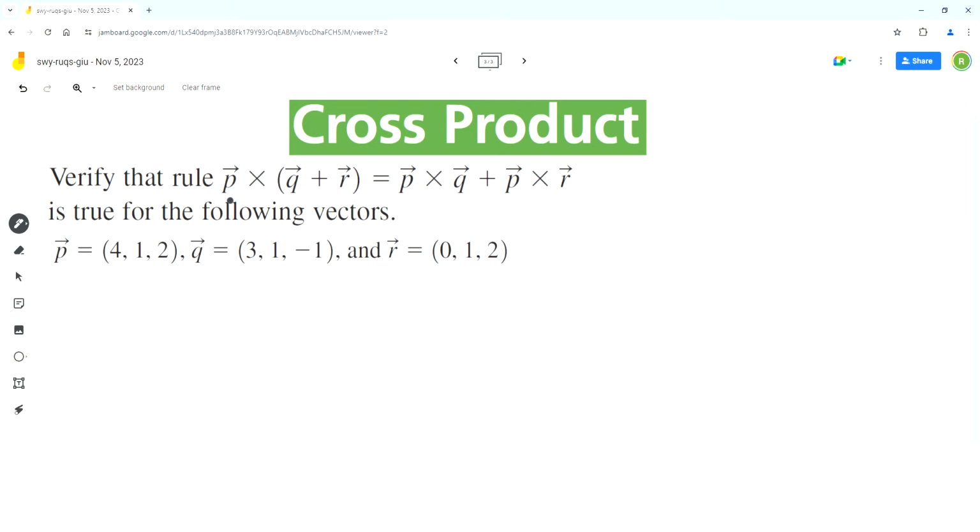So let's start with the left side. First we will add the vectors Q and R. So we should add their X, Y and Z components.